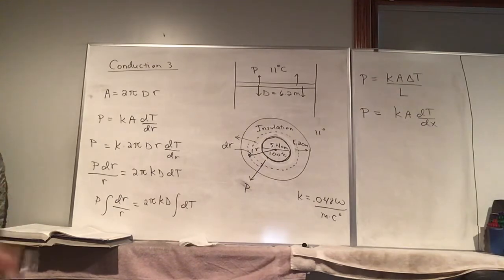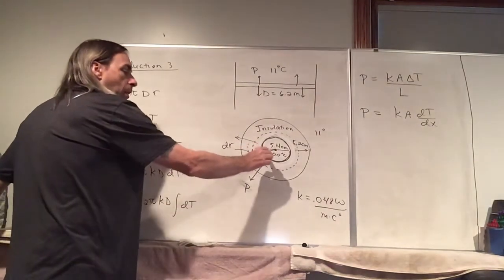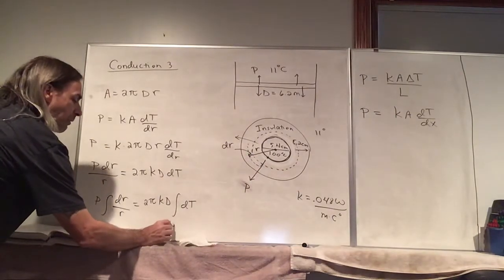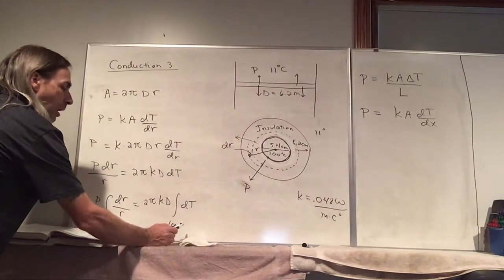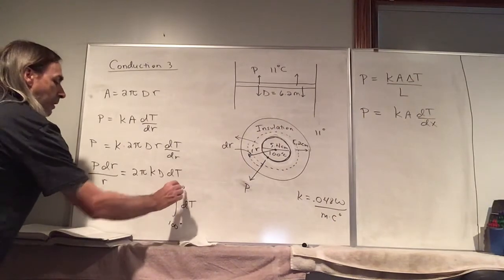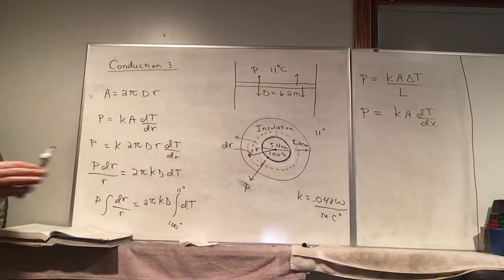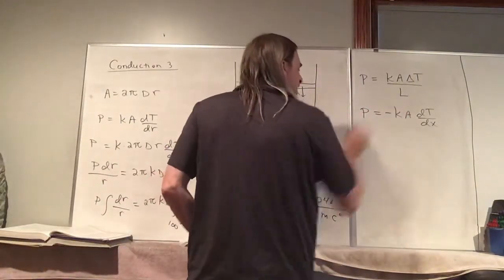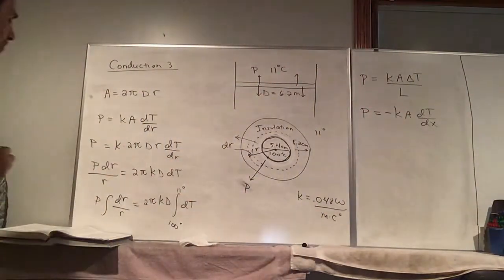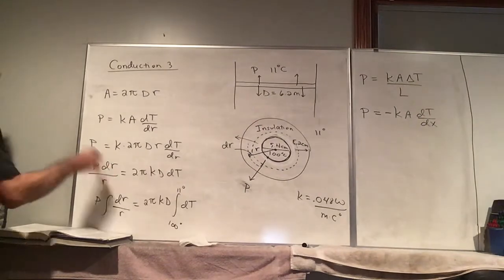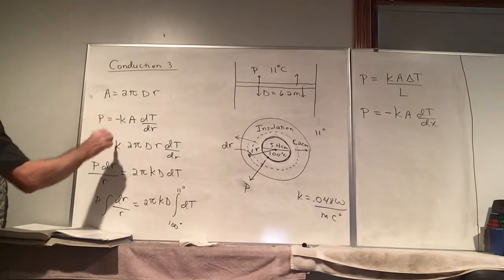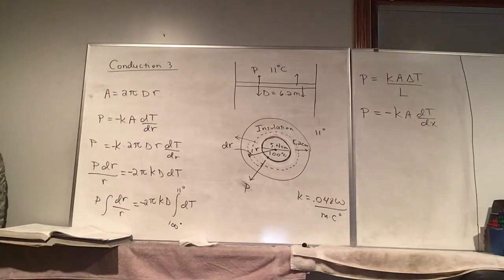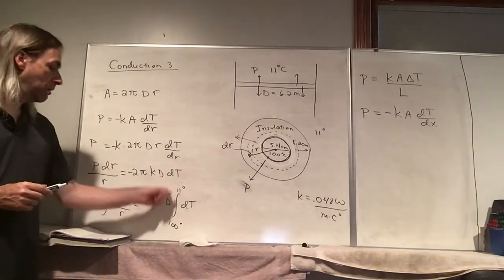Now, we're integrating from the pipe itself, where the temperature is initially 100 degrees, and we're going to end at 11 degrees. Remember I mentioned to neglect the minus sign? In this case, we should actually put it in there, because I just realized it's going to give us complete nonsense if we don't.